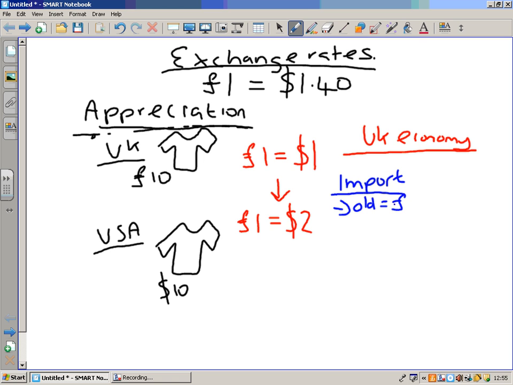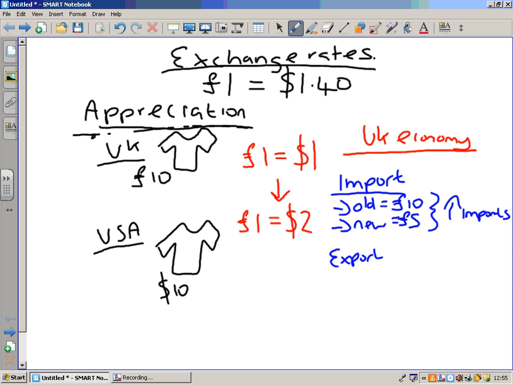So £10 for the original t-shirt. For the new one, we can now get $10 for £5. £1 equals $2, so £10 equals $20, £5 therefore equals $10. We can see from this then that we will have a growth in imports. They're now cheaper to buy.